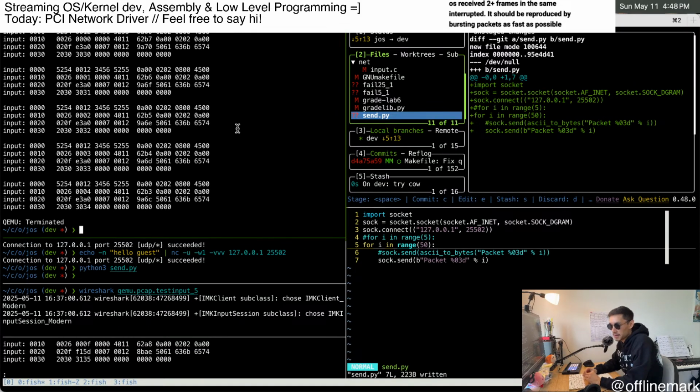I think it is randomized depending if the OS received 2+ frames in the same interrupt. Should be reproduced by bursting packets as fast as possible. Yeah, so the thing is there's no interrupts actually happening here. The way it's working is just polling.